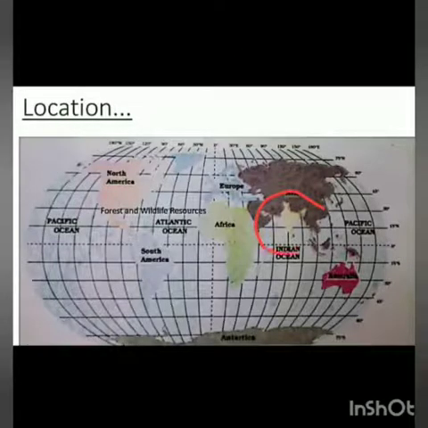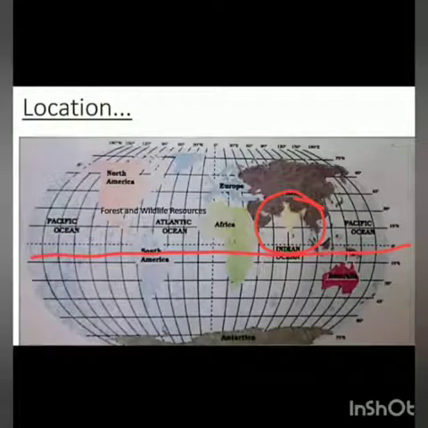It is located here, and you must have studied in earlier classes that the equator, the 0-degree latitude, divides Earth into two hemispheres, the northern hemisphere and the southern hemisphere. So you can see this dotted line which represents the equator, and India is located above this equator, which means India is located entirely in the northern hemisphere.